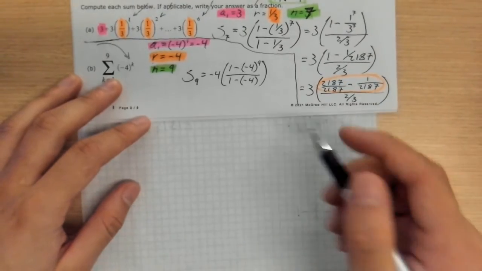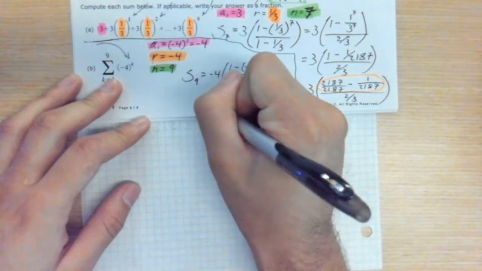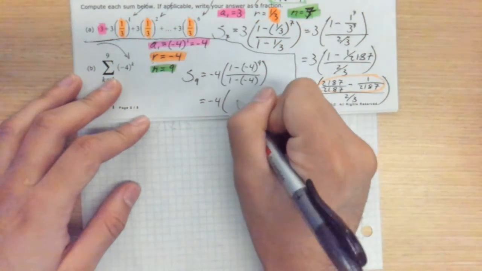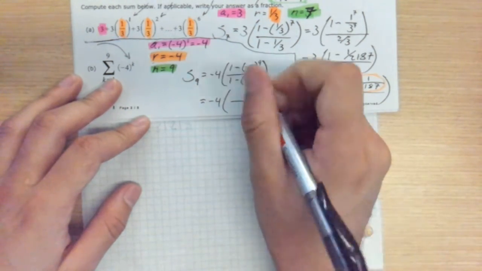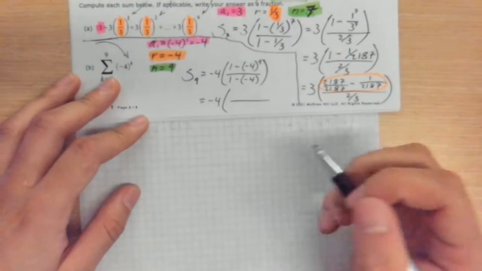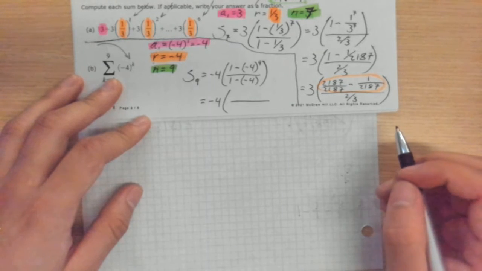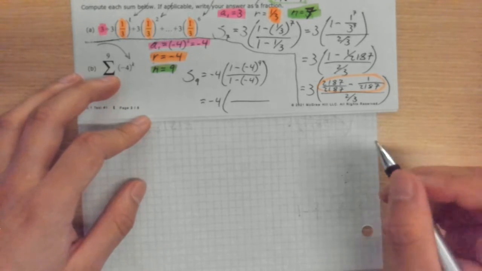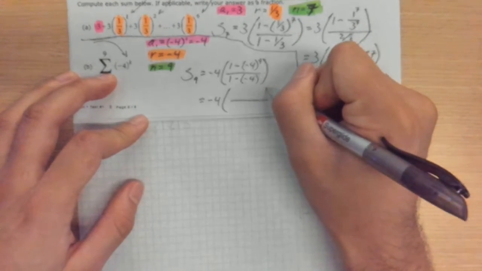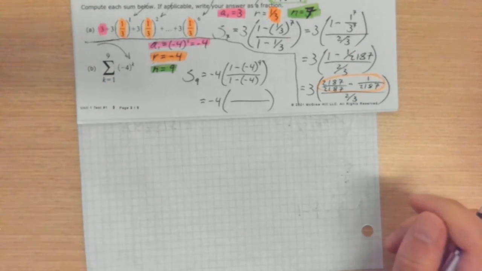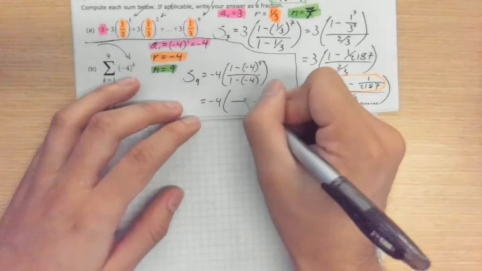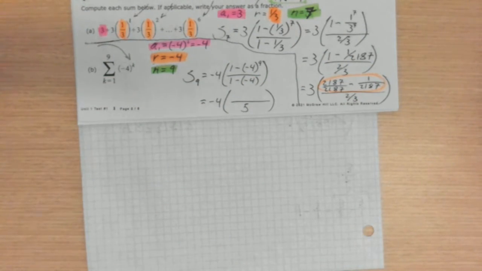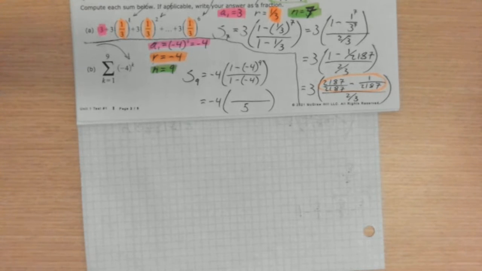Okay, so let's start simplifying this. It's going to be minus 4 times, and the denominator is going to become 1 minus minus 4. What's 1 minus minus 4? On the denominator, it's 5, because minus minus 4 becomes plus 4, and 1 plus 4 is 5.